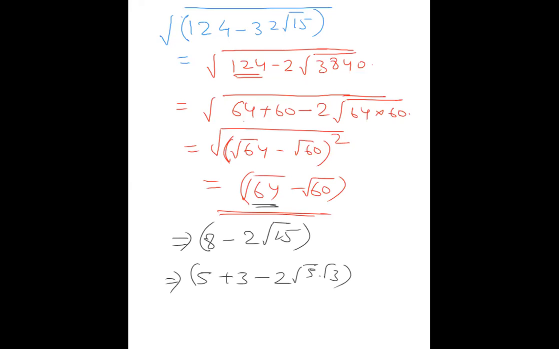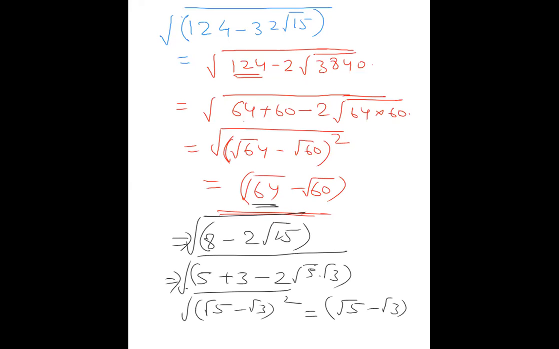This you can write, means this is root 5 minus root 3 the whole square. So again the under root of this, so under root of this we are getting root 5 minus root 3. So applying this formula twice, you are getting exactly the value on this part, right?